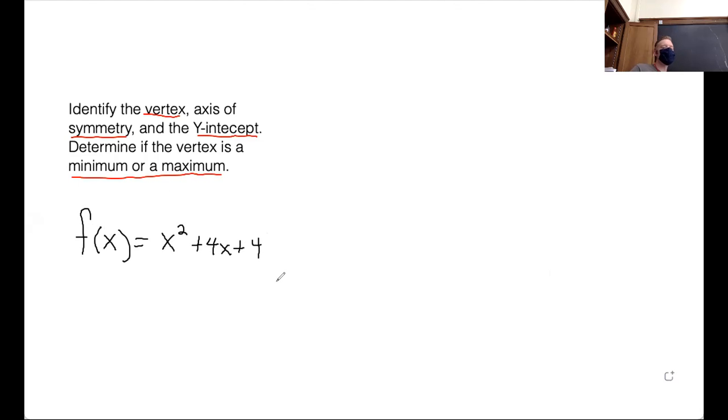So this is in a different form than the last one that we looked at, but you still graph it out the same way in Desmos. You're still going to type this function into Desmos, just like I showed you. Even though it's in a different format, it'll still make the same type of graph here.